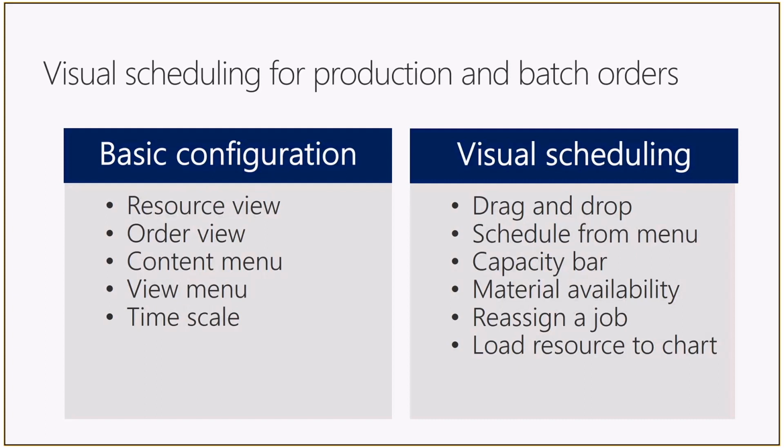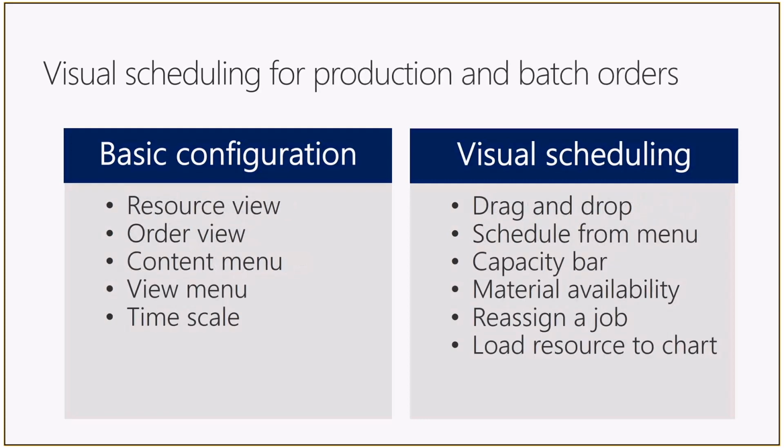After we've gone through the basic configuration of the chart, we're going to look at the visual scheduling capabilities in the Gantt chart. We're going to show you drag and drop options, how you can schedule from a menu, the use of a capacity bar to see the capacity load on resources, and new material availability capabilities in the Gantt chart.